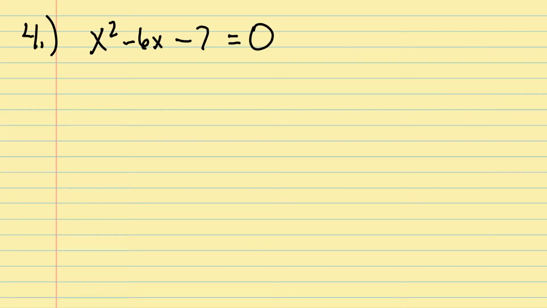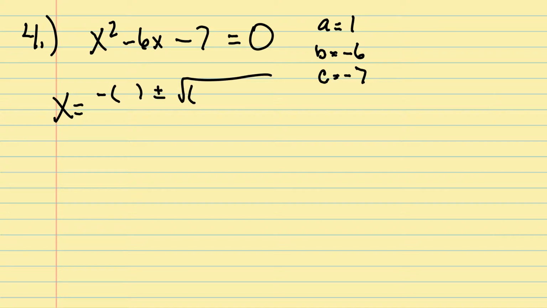All right, 4. It's already set equal to 0, so the first thing to do is find a, b, and c. So a is 1, b is negative 6, c is negative 7. Now I'm going to plug into the formula. So I have x equals the opposite of b. So instead of b, I wrote an empty set of parentheses, plus or minus the square root of b squared minus 4ac.